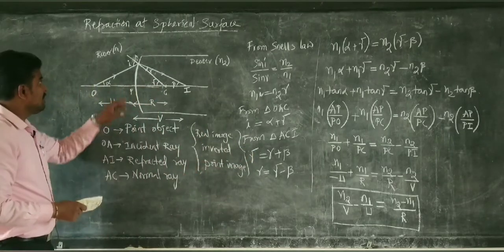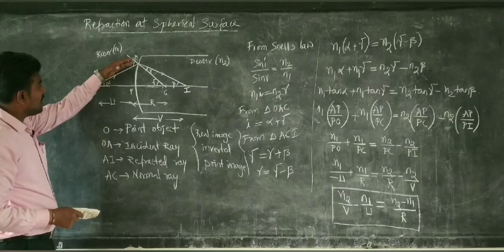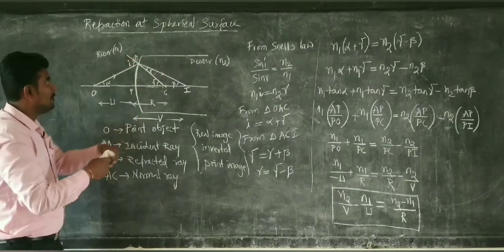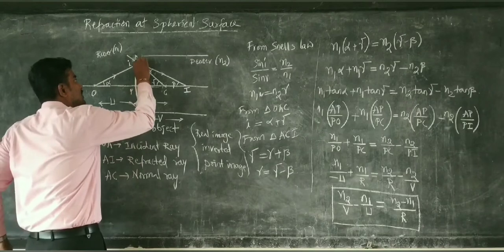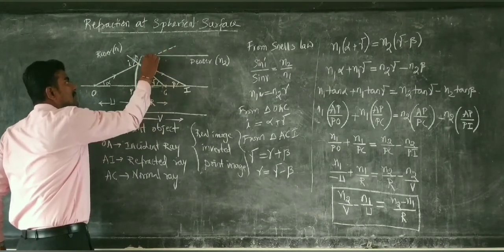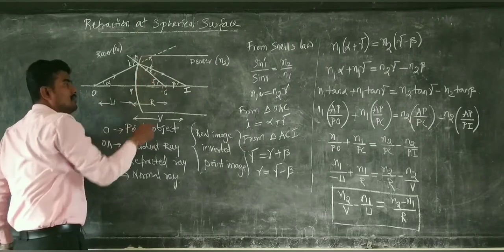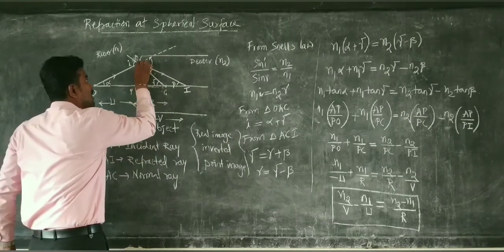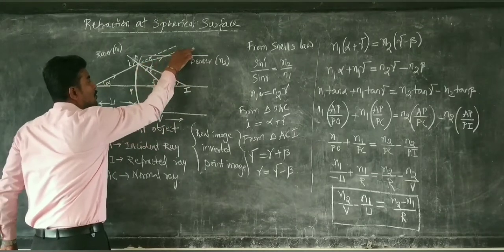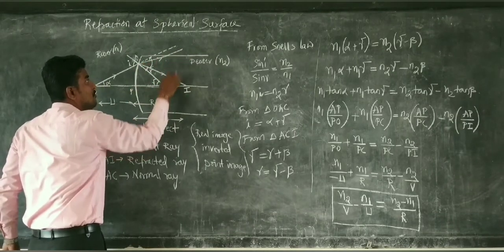You can notice here, this is the incident ray and this is the refracted ray. The refracted ray has bent more here. Actually, this is the actual path of the incident ray. The ray has bent this much. If the ray would have bent only this much, then this ray is not going to meet the principal axis anymore.